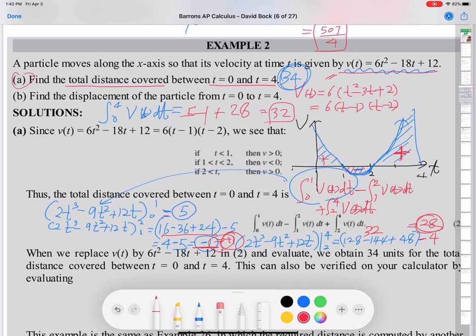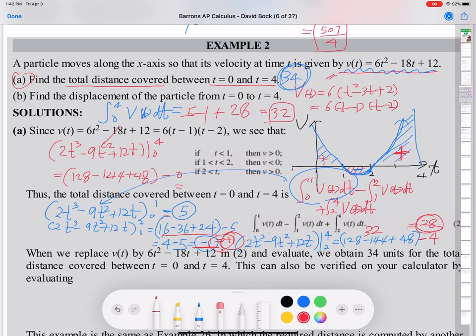Or you can directly find that using the same function, 2t cubed minus 9t squared plus 12t, from 0 to 4. If you plug in 4, 4 times 4 times 4 is 64, times 2 is 128, minus 144 plus 48, minus 0, right?